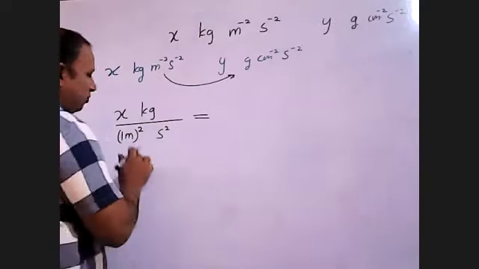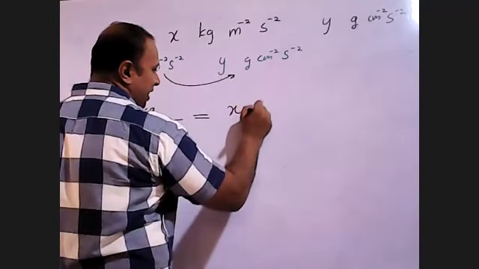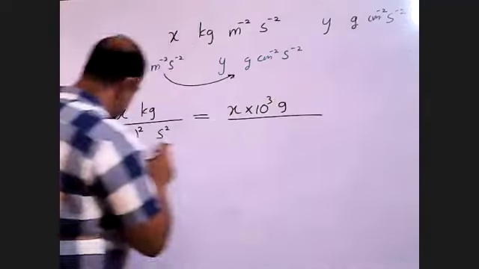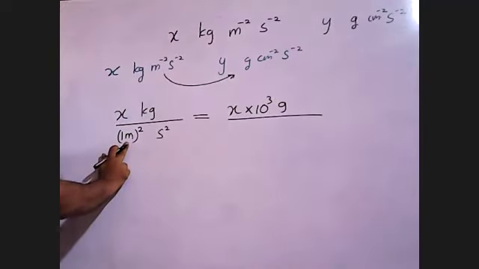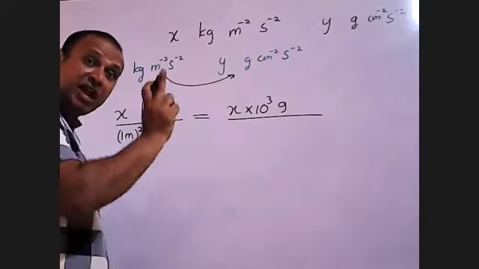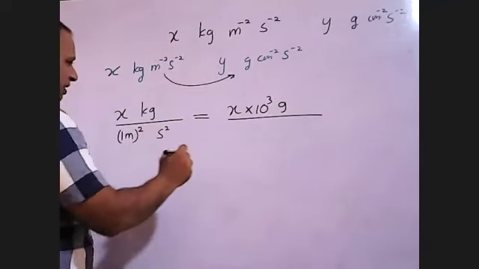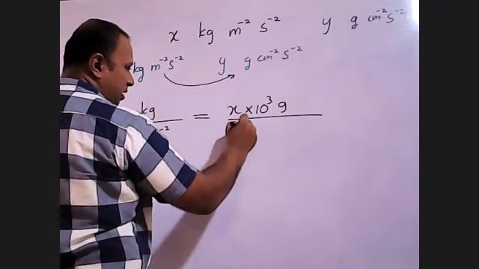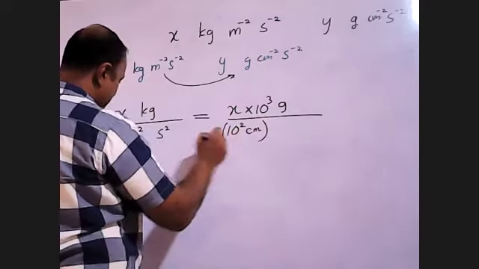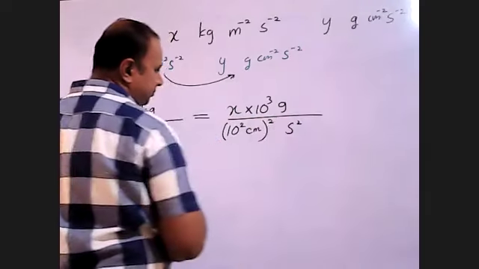So x into 10 to the power 3 gram over meter, which should be converted into centimeter. Meter to centimeter means 10 to the power 2. Therefore 10 to the power 2 centimeter, squared, s square.